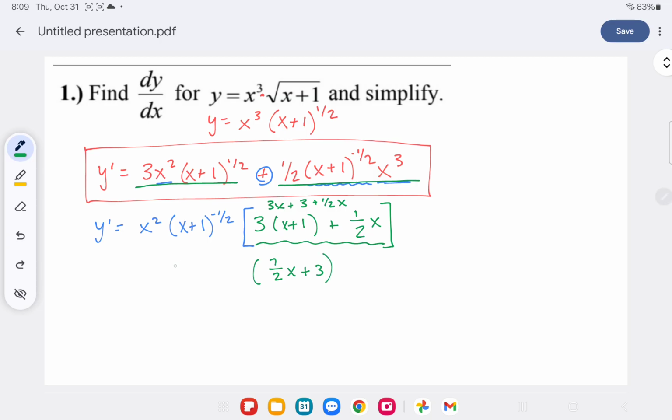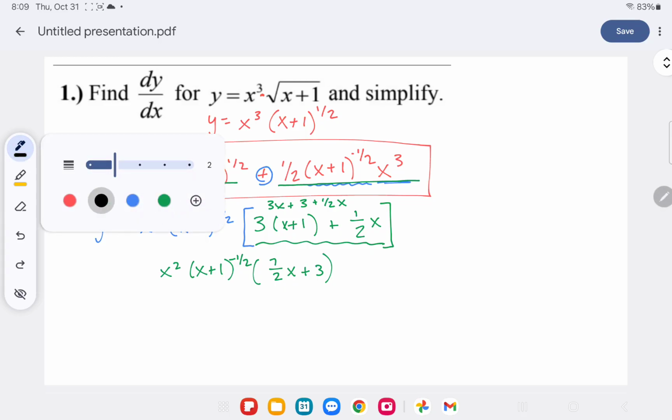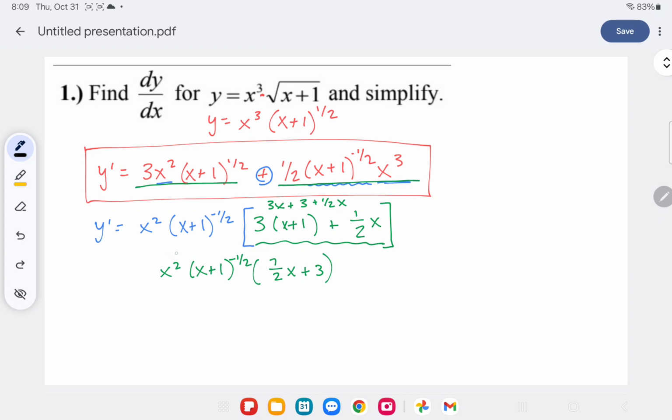And out in front, we still have this x squared and x plus 1 to the negative 1/2 power. Now I'm going to distribute that. We're getting real messy here. When I take this whole thing times 7 over 2x, I have 7x cubed on top and a 2 and an x plus 1 to the positive 1/2 power on the bottom, or I'm going to write that as the square root of x plus 1.